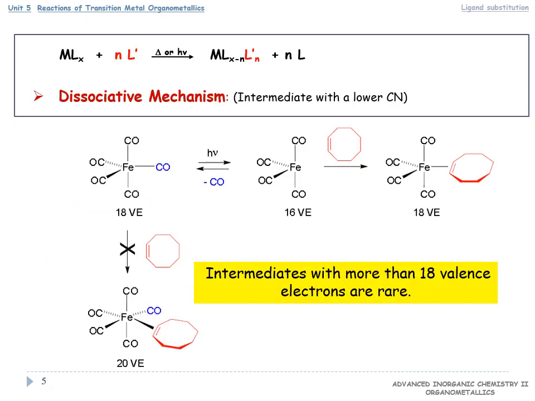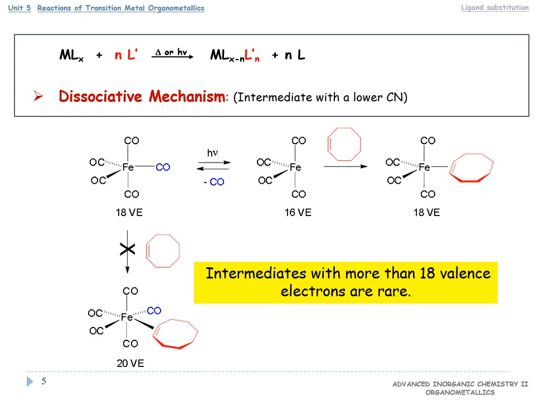This is an example of a substitution reaction in an 18 electron complex through a dissociative mechanism. One of the existing ligands, as you see, falls off. This opens up a free coordination site in an intermediate with 16 electrons, to which the new ligand can coordinate.